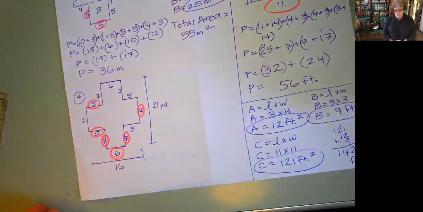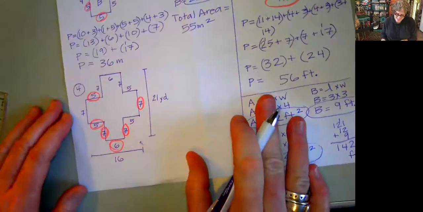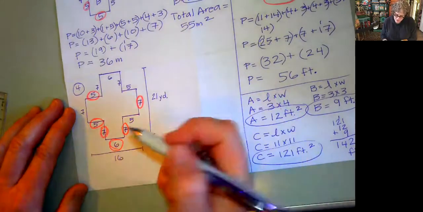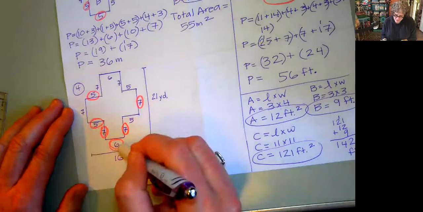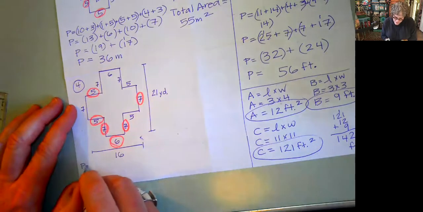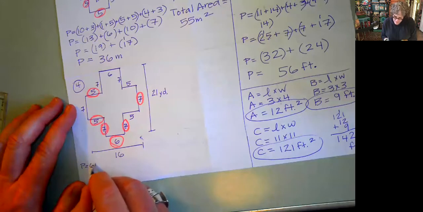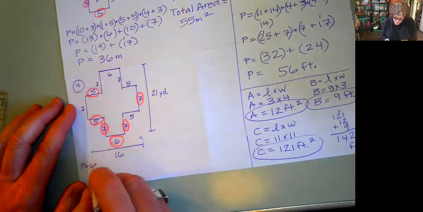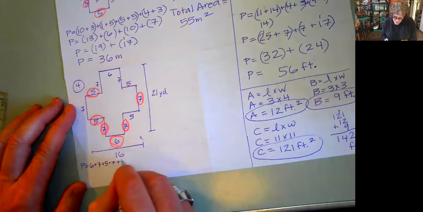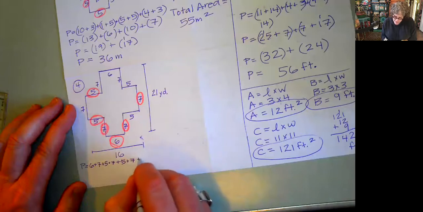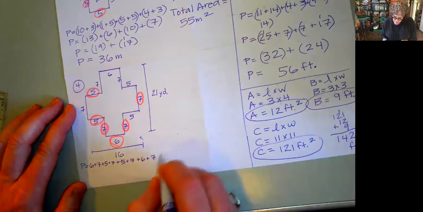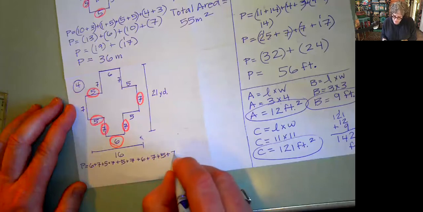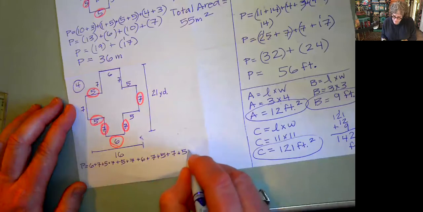Now, perimeter, here we go. I'm going to start right here at 6 at the bottom, and I'm going to write P equals 6 plus, and I'm just going to go around. 6 plus 7 plus 5 plus 7 plus 5 plus 7 plus 6 plus 7 plus 5 plus 7 plus 5 plus 7.